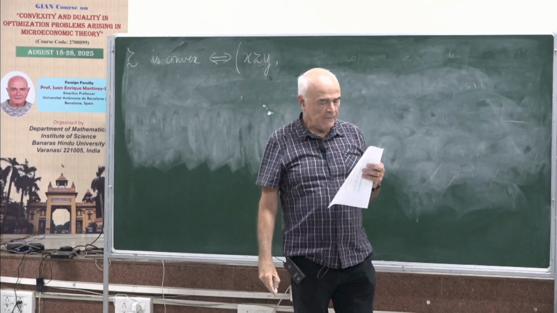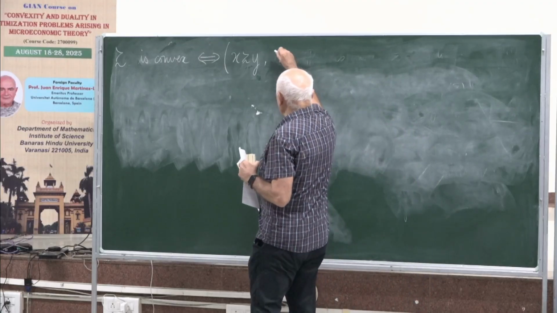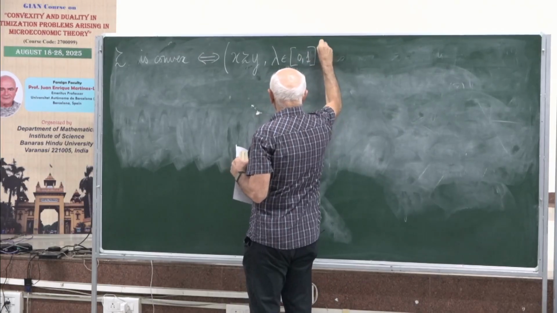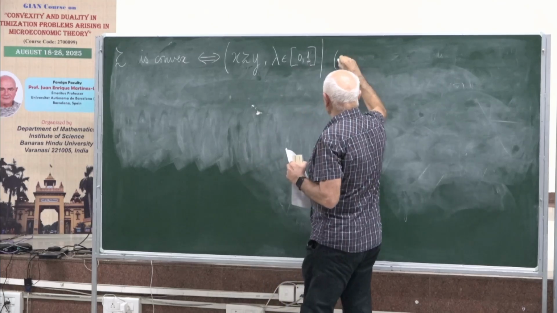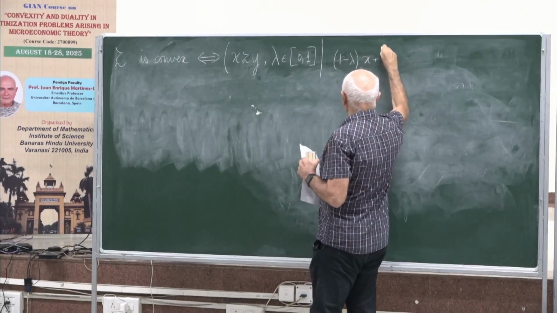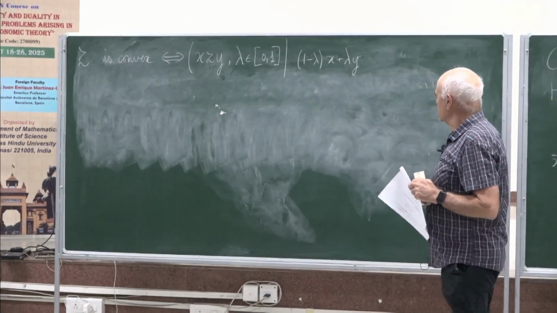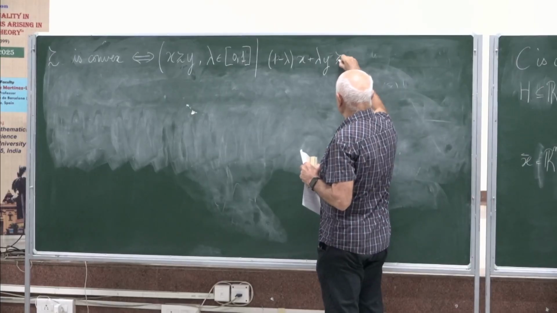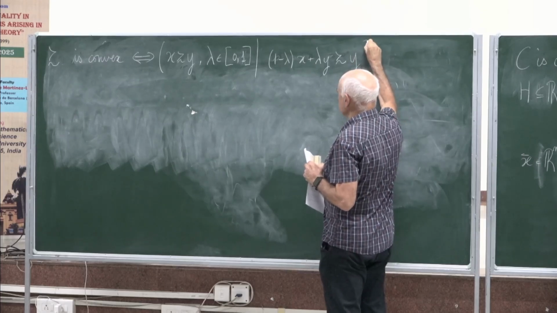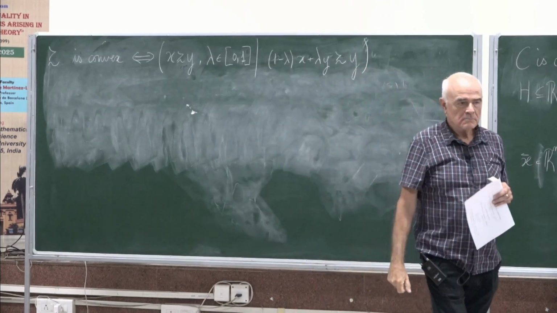If I prefer x to y and lambda is between 0 and 1, then I prefer (1 minus lambda)x plus lambda y to y. Okay?